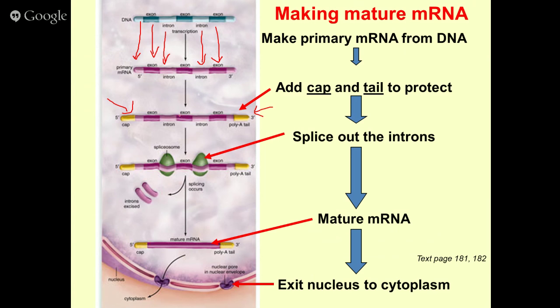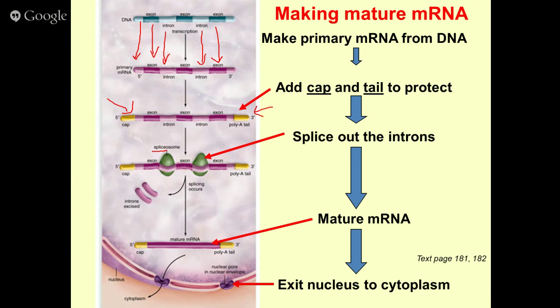Then you have to get rid of the introns. Remember, these are the areas that we don't need. So we splice them out, and splice is just a fancy biology word for chopping. So we chop up our messenger RNA and we splice out or chop out the introns, the intervening sequences, the parts that we don't need.